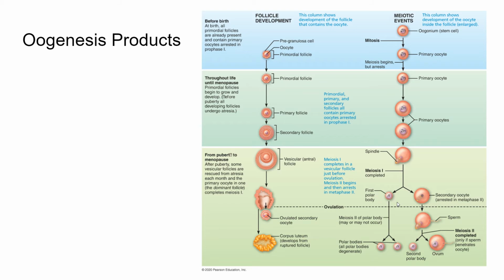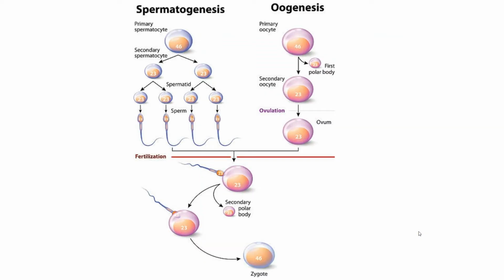If fertilization does not occur, this secondary oocyte deteriorates and gets reabsorbed back into the body. You can see here that after fertilization, a second polar body is also made. That's an important distinction: meiosis 2 isn't completed until after fertilization occurs.